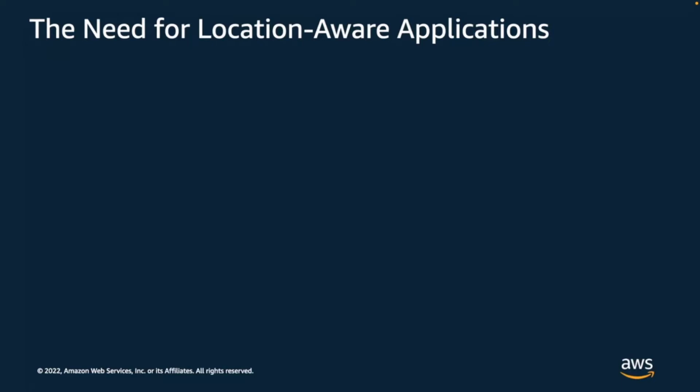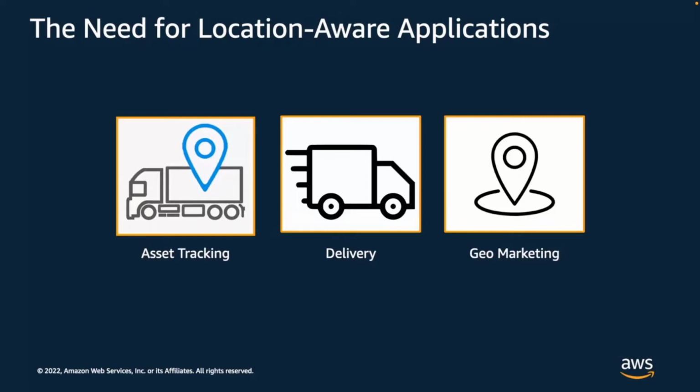So, today we're really going to be focusing on how you can drive forward your ideas without much overhead. And when you combine Amplify, which we'll talk about in just a moment, with the rest of the AWS ecosystem, you can do really interesting things, such as asset tracking, delivery applications, and geo-marketing.